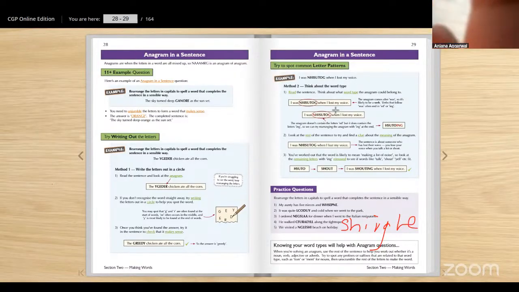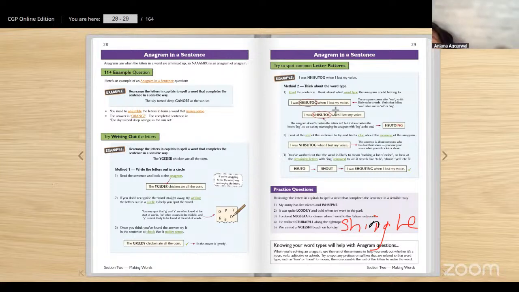Now we have to find something that works with ING. Shingle. Yep. Can you spell it out?